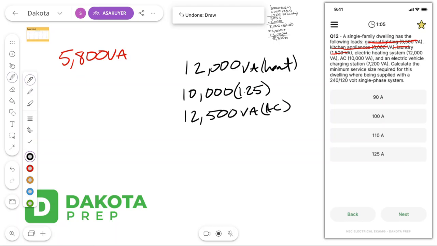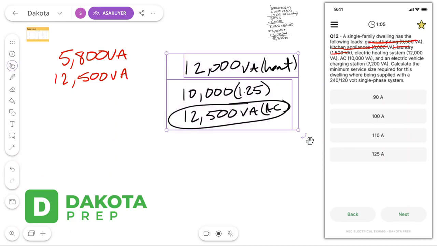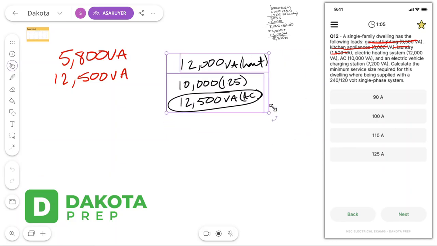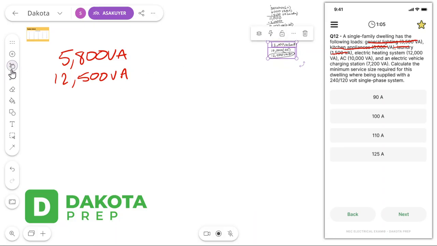So which of these two is larger? Bingo, that one is larger, which means our red line, what we're actually going to use, will be 12,500 volt amps for our AC, and then we can ignore the heat because it is non-coincident.